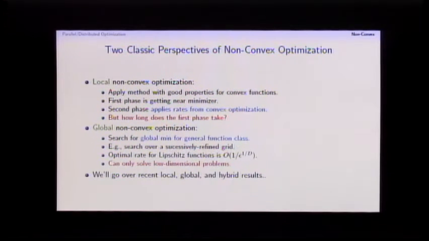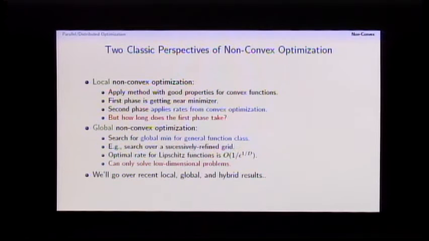The issue here is you can really only solve low-dimensional problems because you have this nasty dependence on d. So I'm going to go over some recent local, global, and hybrid results, but these are the two classic perspectives, unless people disagree with me. This is just based on my own literature review of the topic.